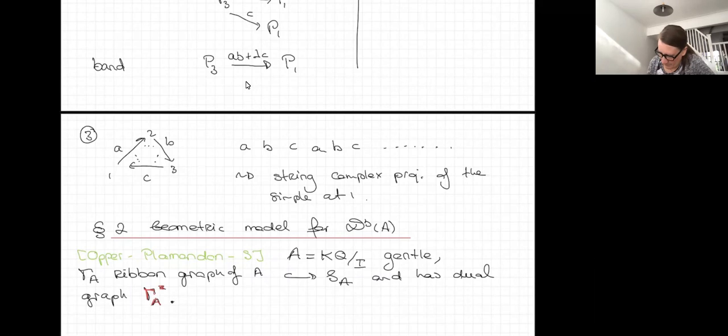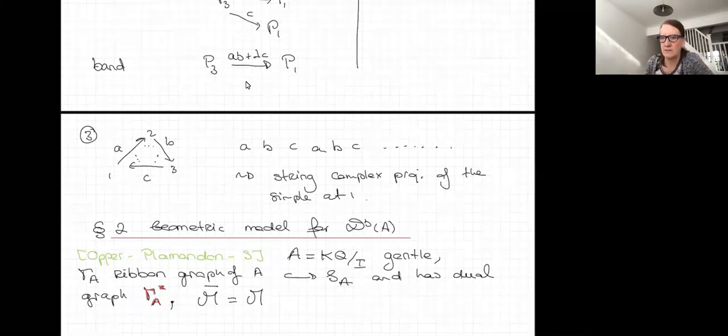Oh yeah, there's one thing missing. Namely, we define a set M bar, which is given by the set M. If you think back about the construction of the ribbon graph, these are the black vertices, so they're the maximal paths, and then some idempotents of sinks, sources and some other vertices.